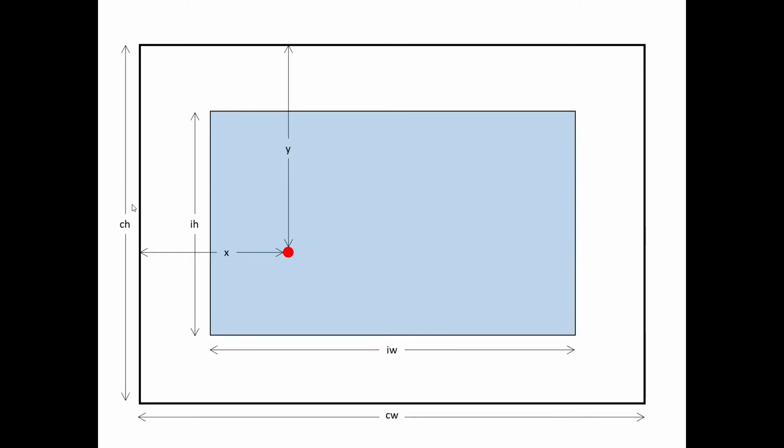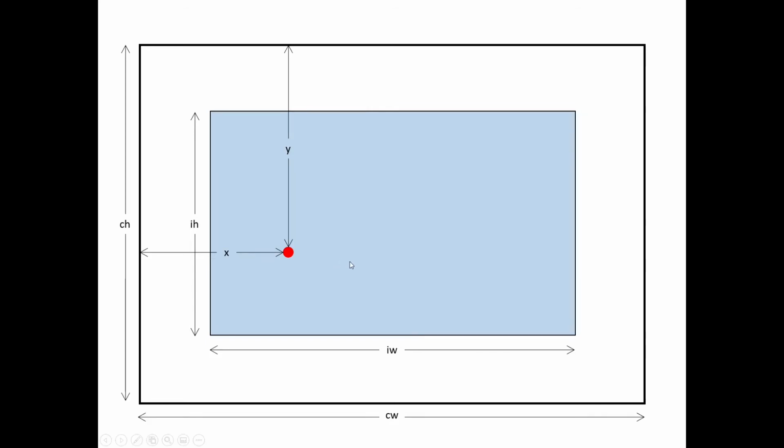Now the dimension where TK positions anything within the canvas is represented by this X dimension here. Positive X is measured from the left-hand side of the canvas, and positive Y is a little bit strange. It's measured down from the top of the image.